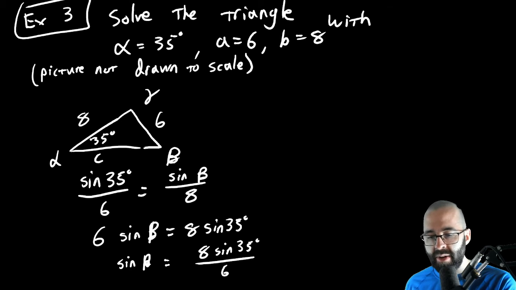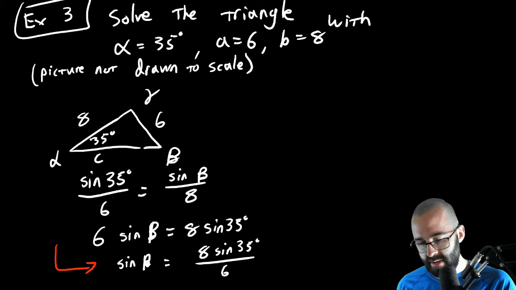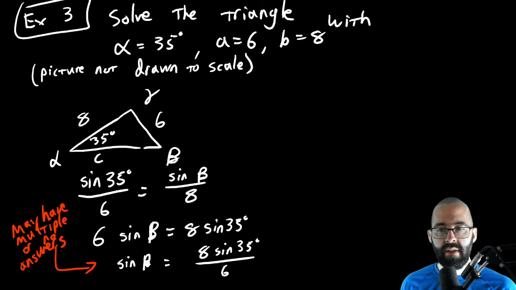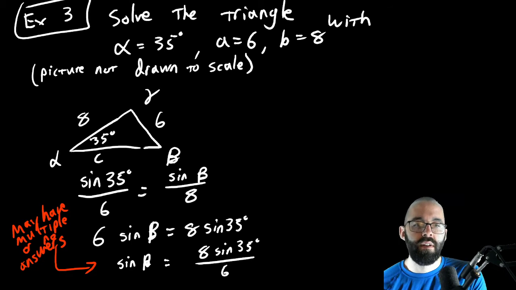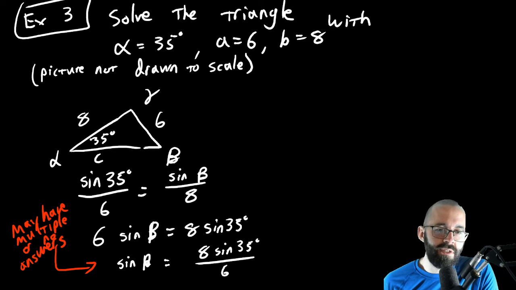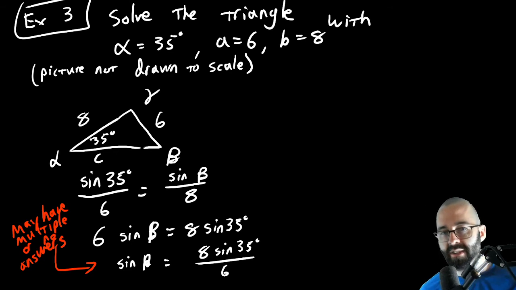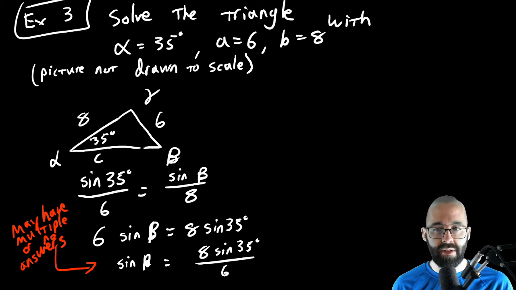Okay, so remember, may have multiple answers. Multiple or no answers, just like we did in 9.5. Now, we don't have to worry about negative angles or angles that are bigger than 180 degrees. We only have to worry about things in the first and the second quadrant.